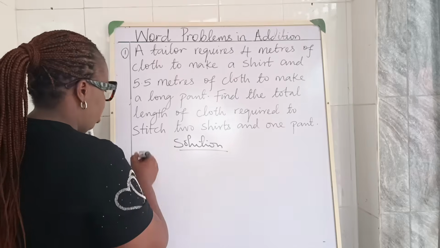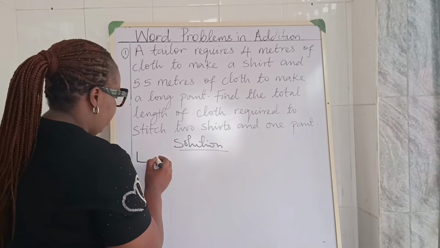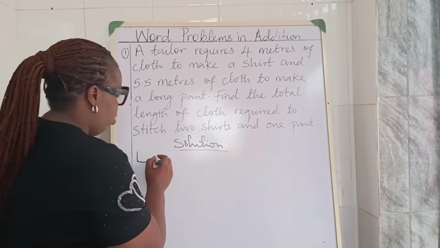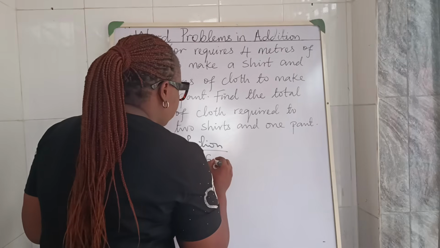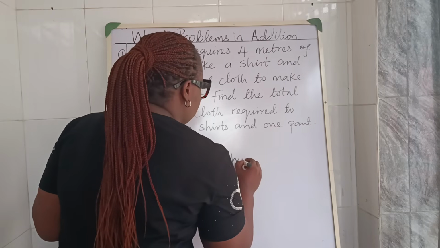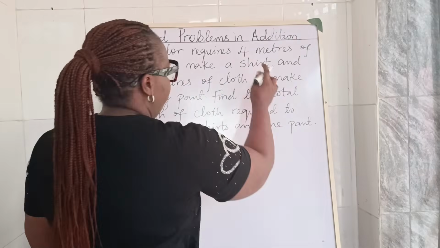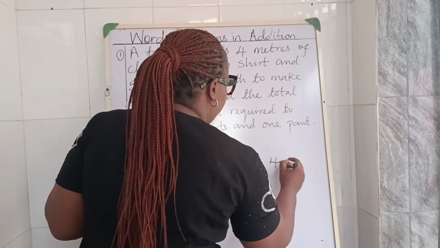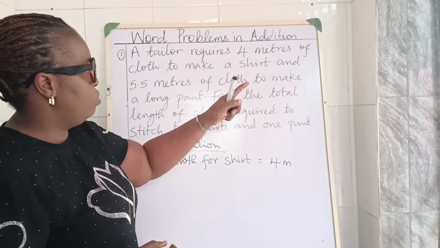Let's write that one. Our L will represent length. L, that's length of cloth for shirt, is how many? 4 meters. We'll have 4m. Right?